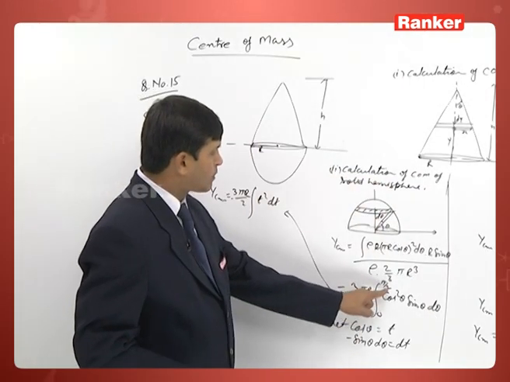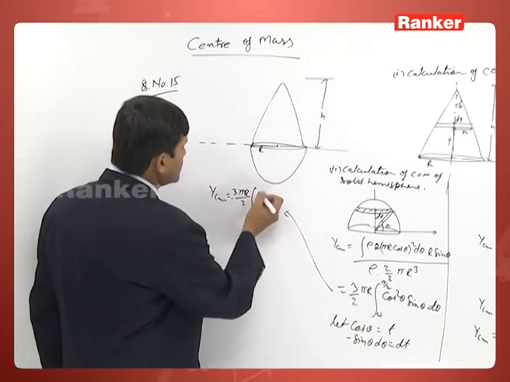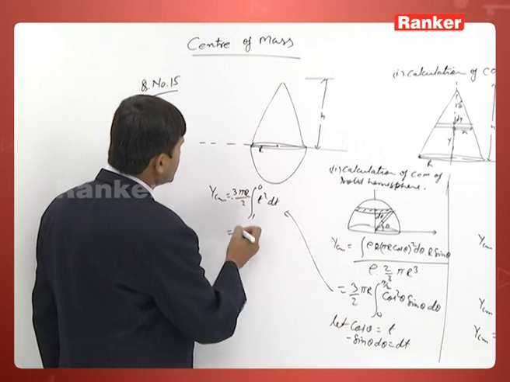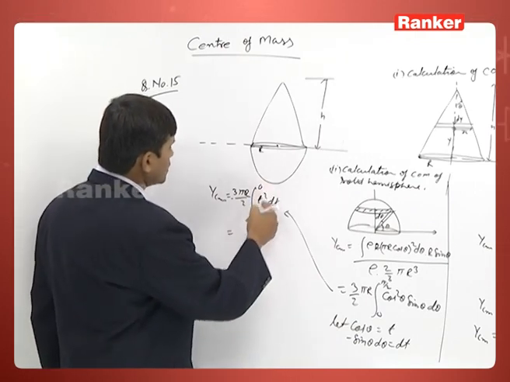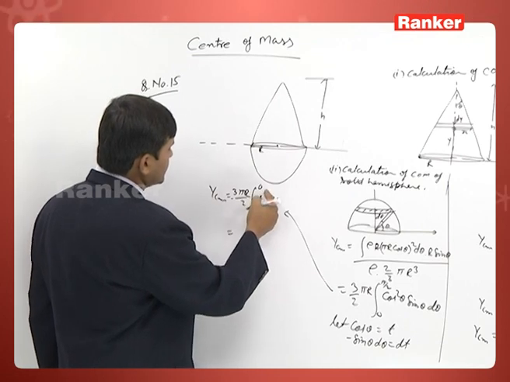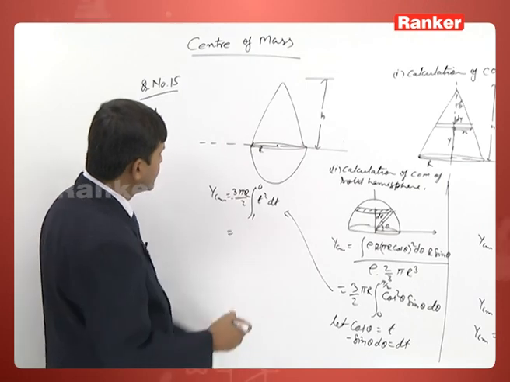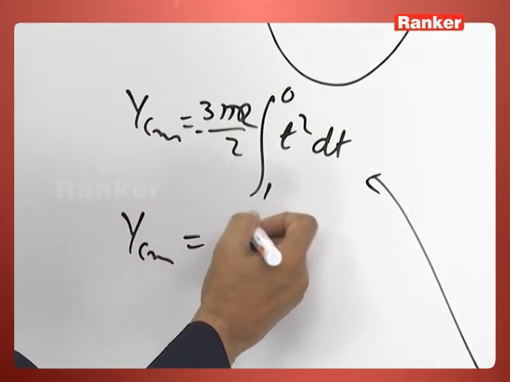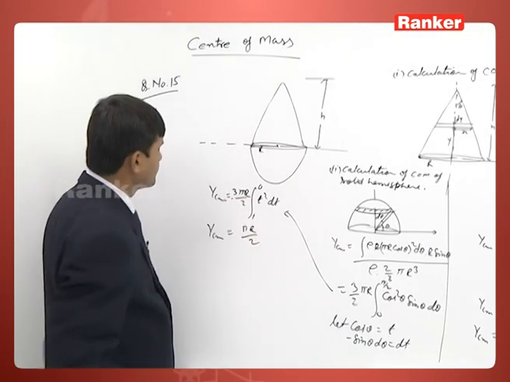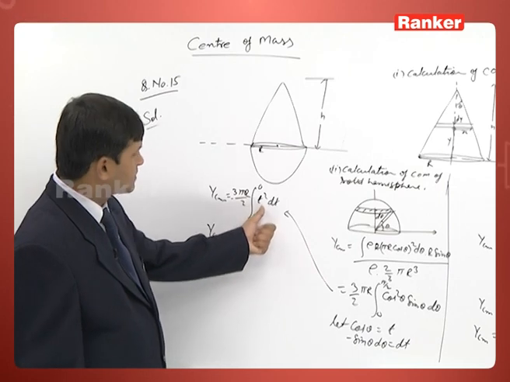When theta is pi by 2, t is 0, so the limit is 1 to 0. So now we get t cube by 3, which means 1 by 3, so 1 by 3 and 1 by 3 will cancel here. So Y_CM will be your pi r by 2. This is the new center of mass.